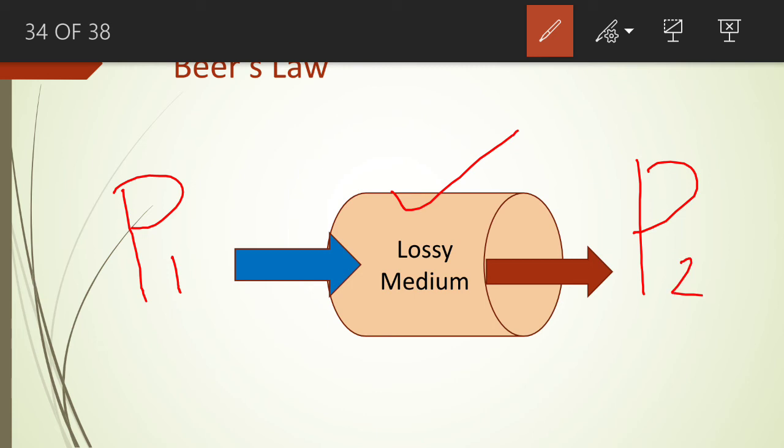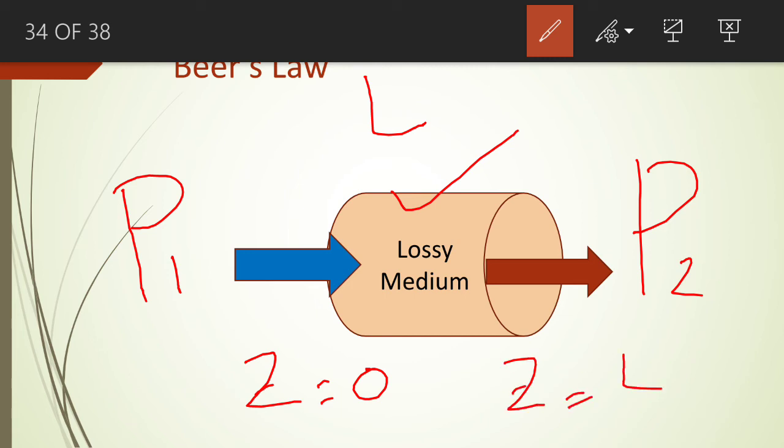And let's say the length of this lossy medium is L meter. So the total length of the medium is represented by L. We have Z equal to 0 over here, and Z equal to L over here.